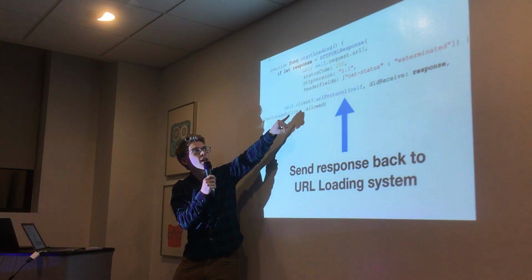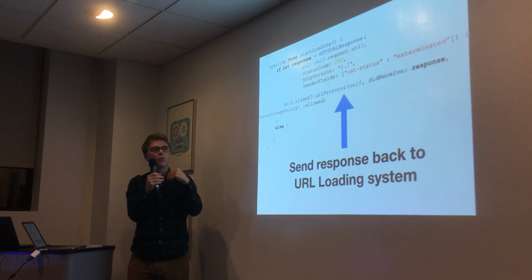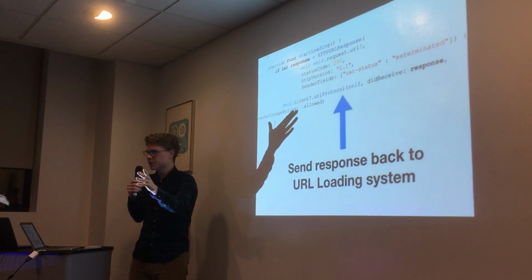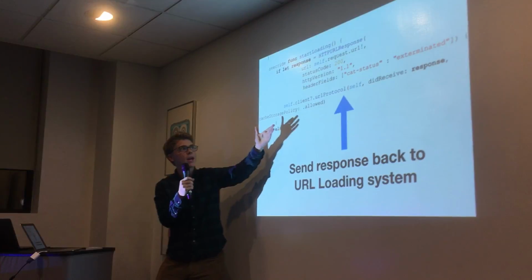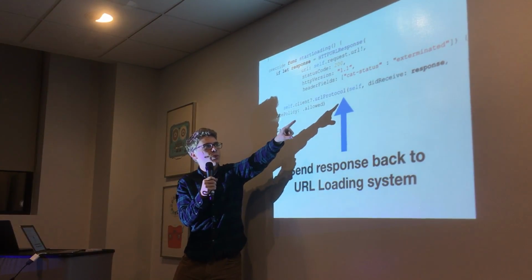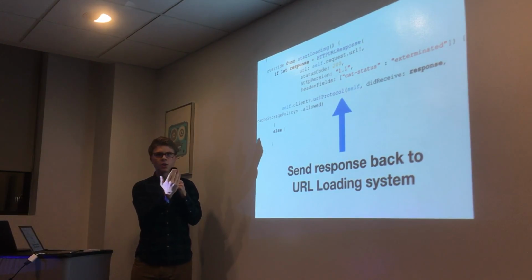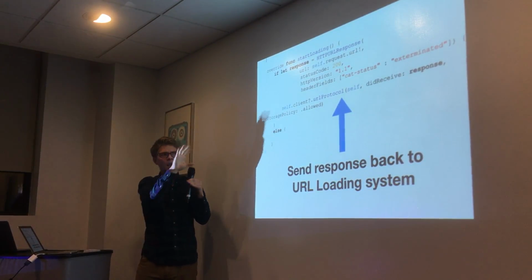We communicate with self.client in a URLProtocol as a way to pass whatever response we receive, or in this case create, back to the URL loading system. When we pass in the response, that will be what comes out the other side in your data task resumption. I'll show you an example.